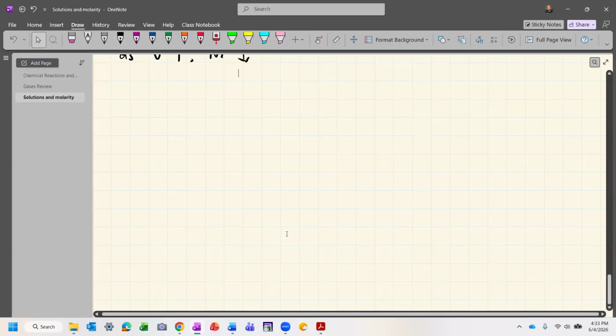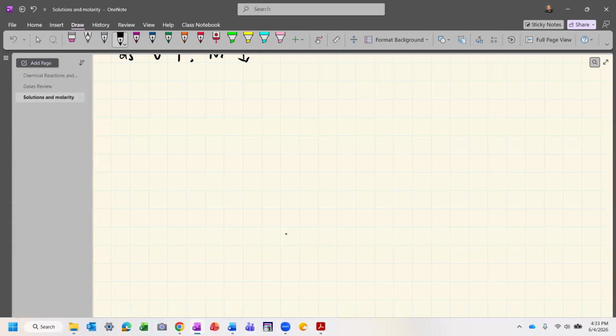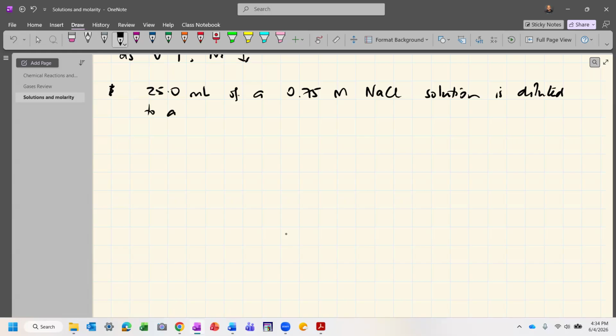So let's take a look at how we can use this. So let's say 25.0 milliliters of a 0.75 molar NaCl solution is diluted to a final volume of 125 milliliters.